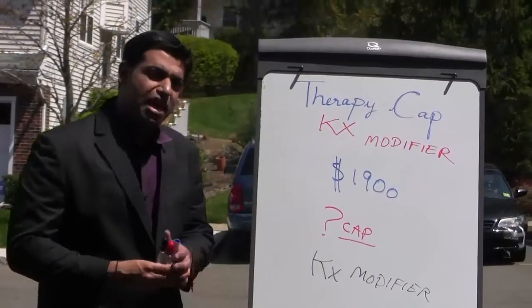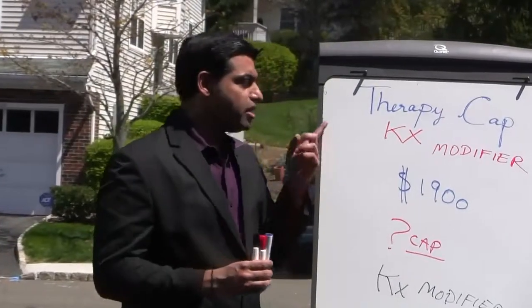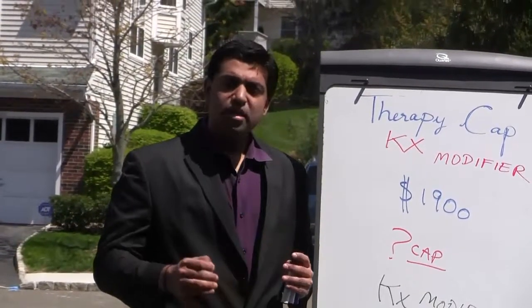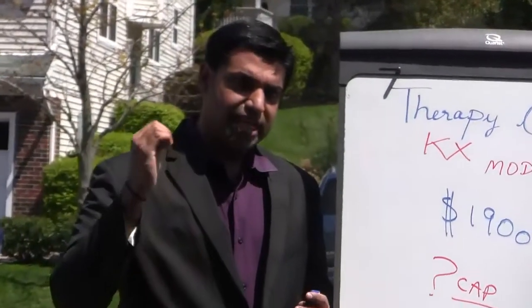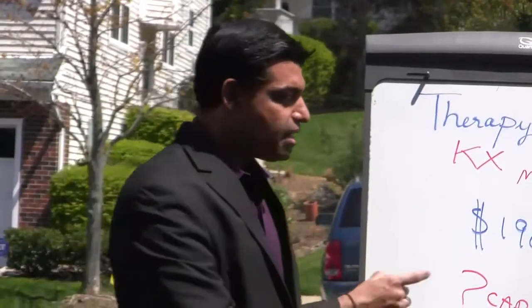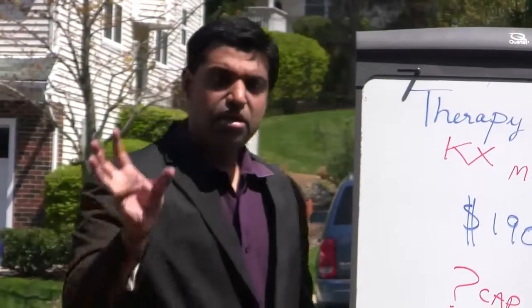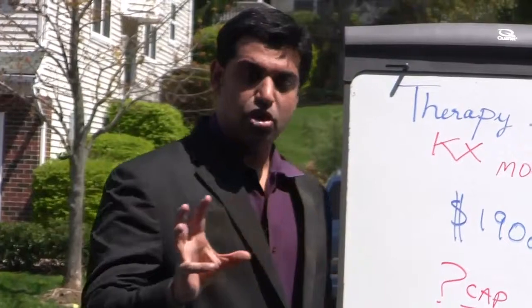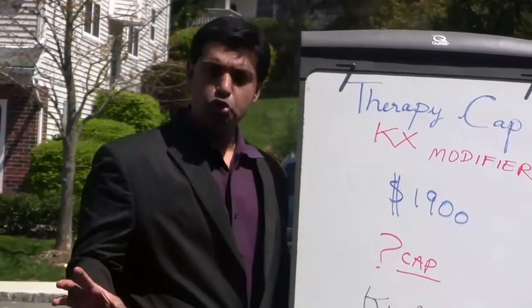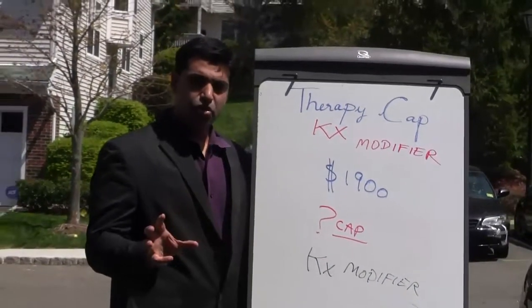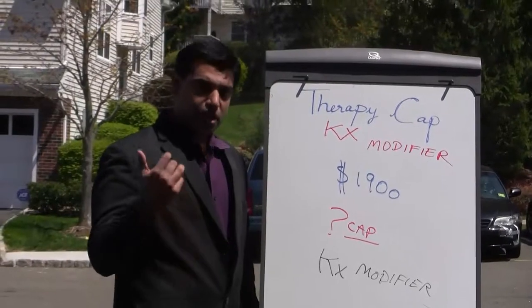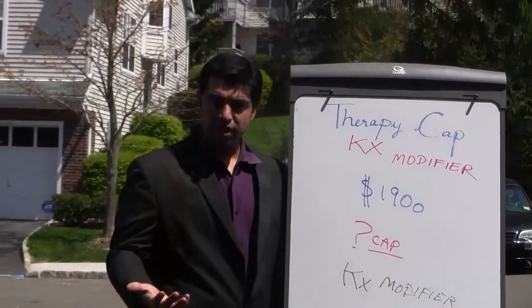But again, let me clarify the misconception surrounding the therapy cap. There is no way to determine the exact percentage or the exact amount that the patient has hit as far as the therapy cap is concerned, or how close to the cap they are. There's no way to know that in real time until you find out directly from Medicare.